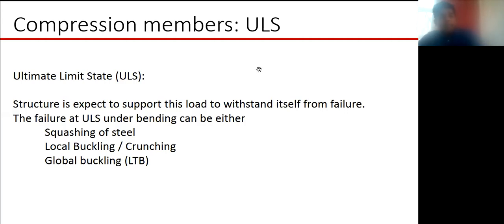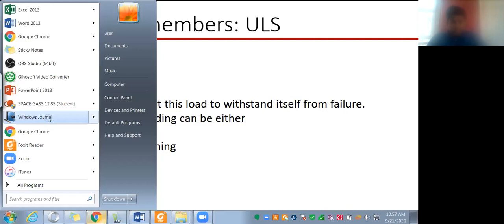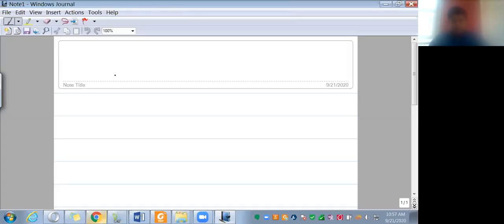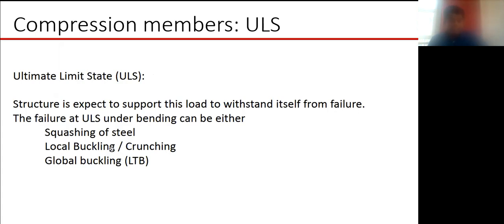If you consider the ultimate limit state for a compression member, say you have a member supported like that and you have a load N. Due to this axial load, you can have squashing of the steel, that is, complete failure of the steel by yielding.